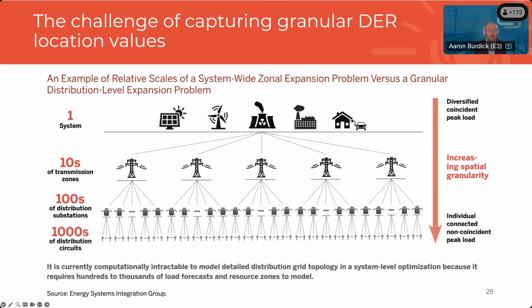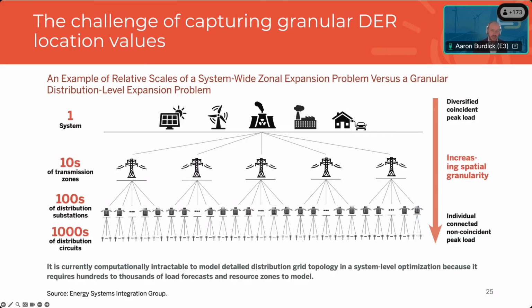So then when we move to thinking about including local grid optimization, so this would be customer sited resources, or distribution sited DERs, as well as what the grid upgrade needs of the distribution system are, we have to think about the relative scale.